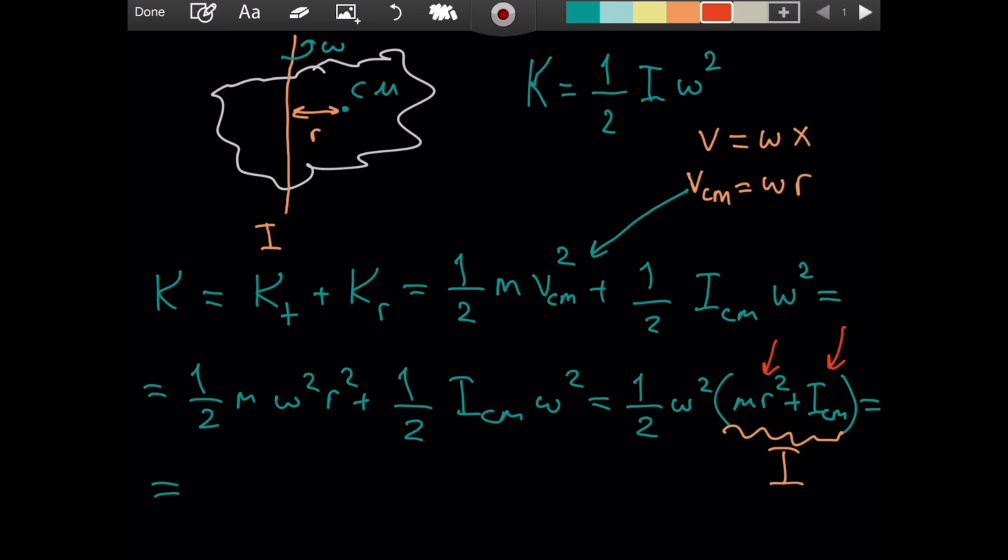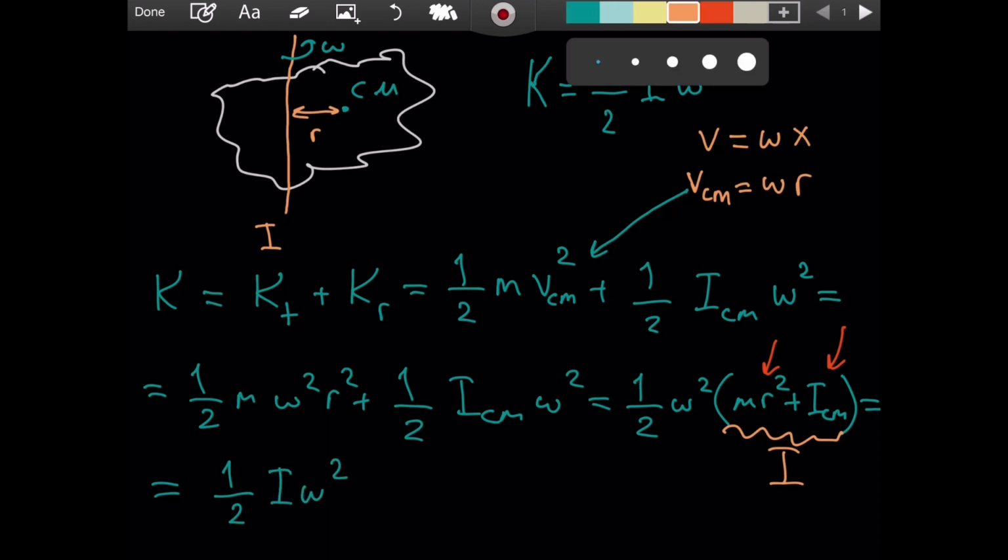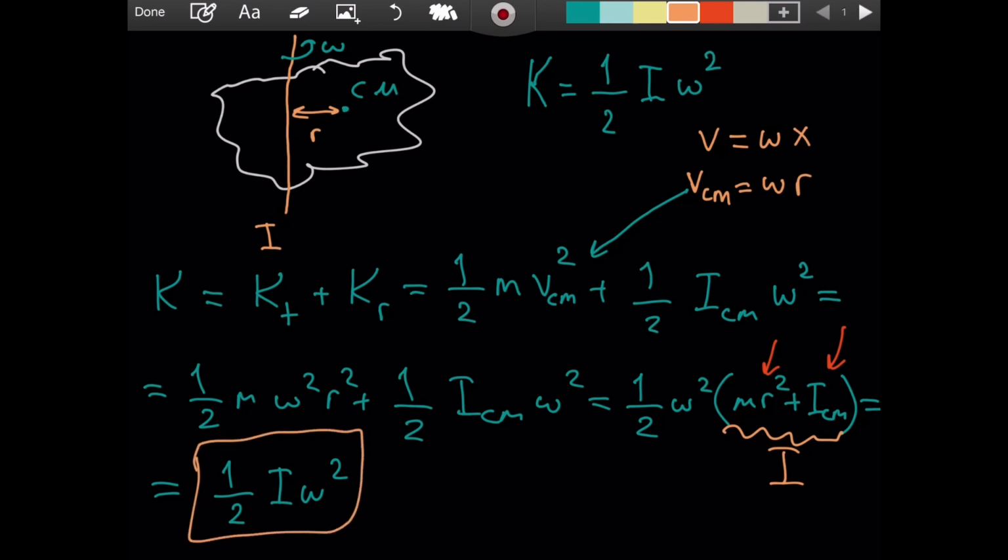So you can leave your suggestions in the comment section. So enough said. From this, of course, we get the desired result: 1/2 I ω².